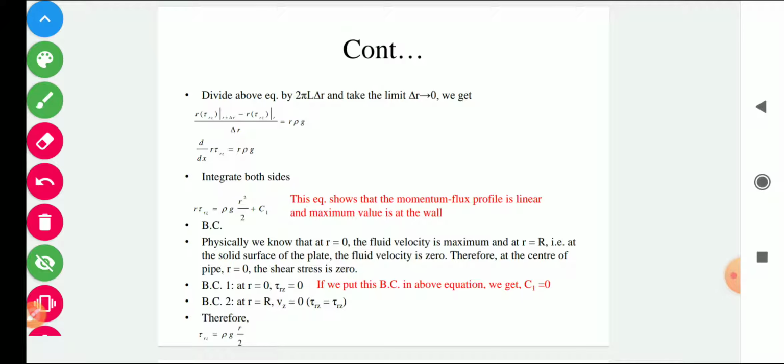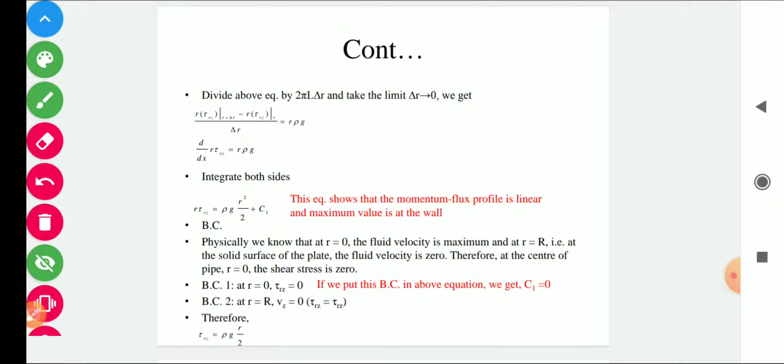The differentiation of a constant value equals 0. So for the first boundary condition at r equal to 0, tau rz will be equal to 0. If we put this boundary condition in the above equation, we get C1 equal to 0.